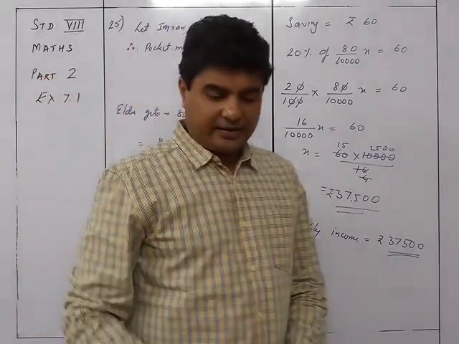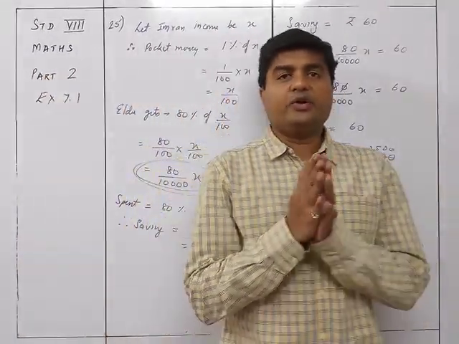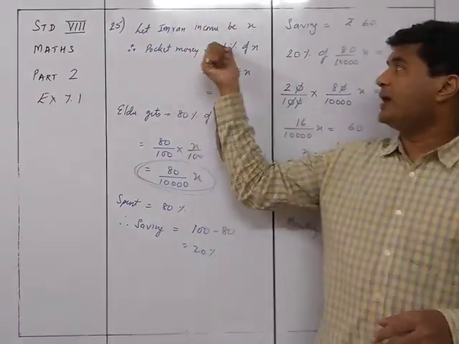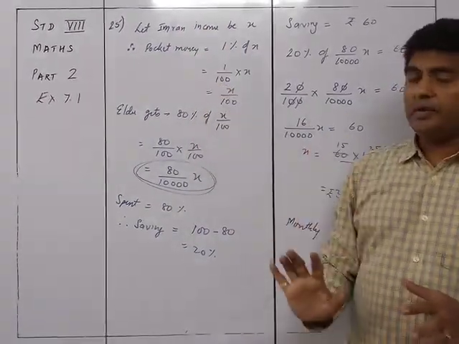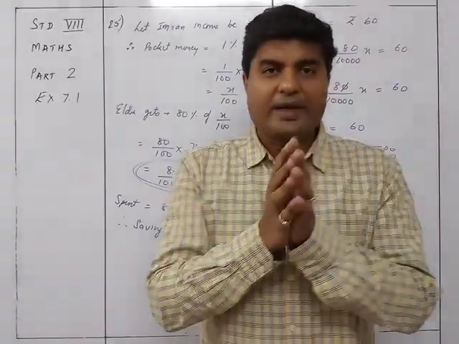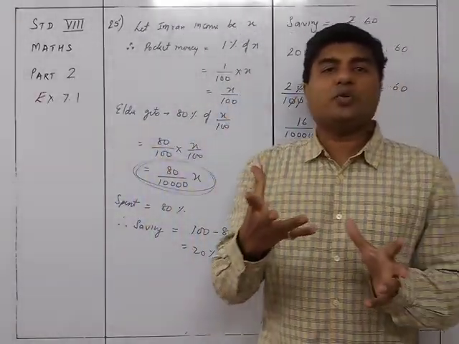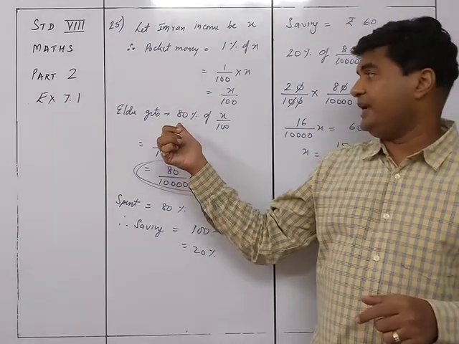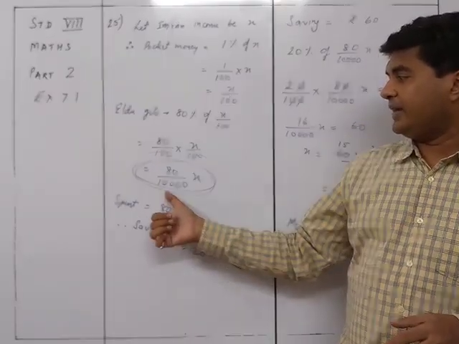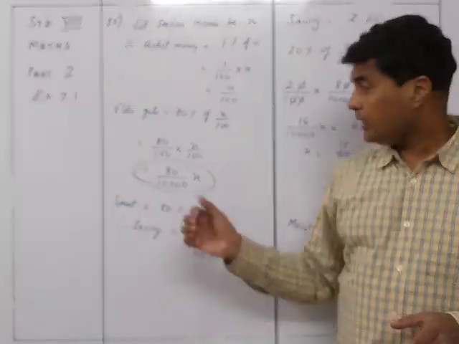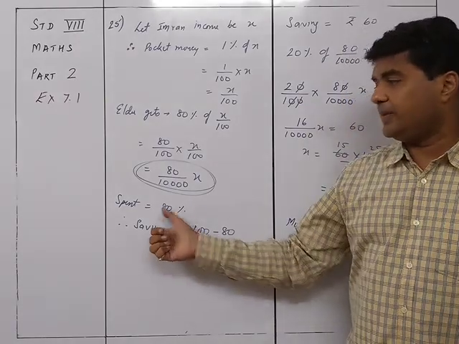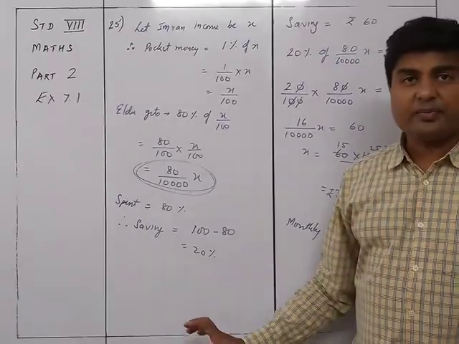I'll just explain once again. पहले क्या था? We took that the value to be x. If you take the value to be x, then we know that 1% of x is what? x upon 100. ये x upon 100 is the total money given to both the kids together. तो उसमें से elder son को कितना मिलता है? 80% मिलता है. तो 80% of x upon 100 कितना हुआ? 80 upon 100 into x upon 100 यानी 80 upon 10,000 into x. Out of this, he is saving 20% because 80% is spending, 20% is saving.